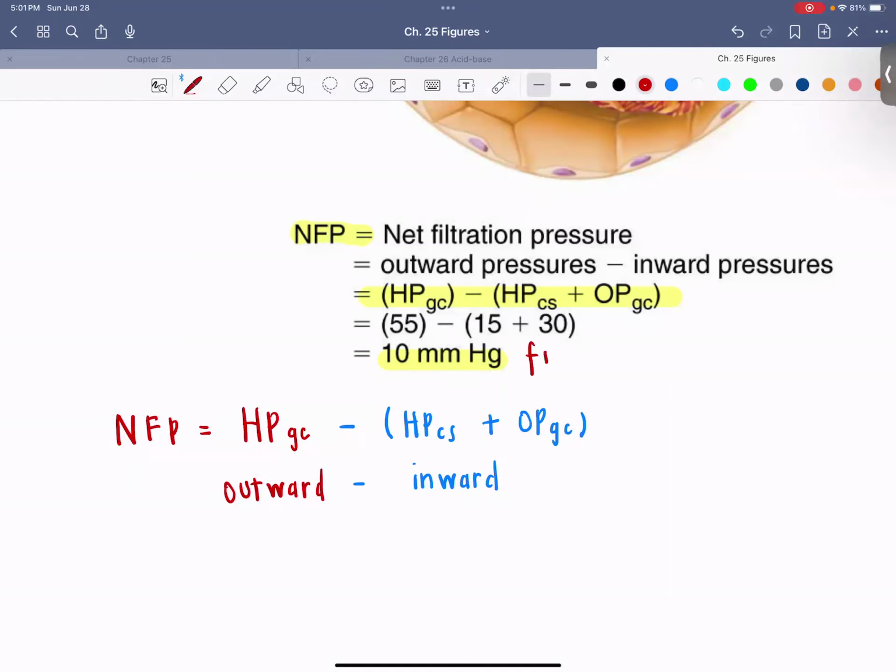That indicates that filtration and urine formation will occur. Again, that's if the net filtration pressure is a positive pressure.